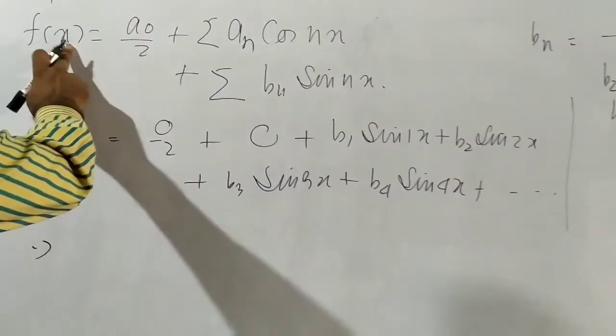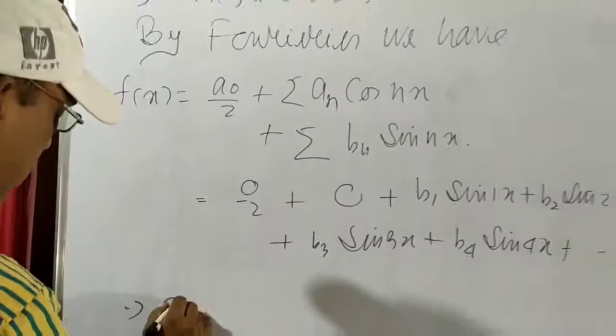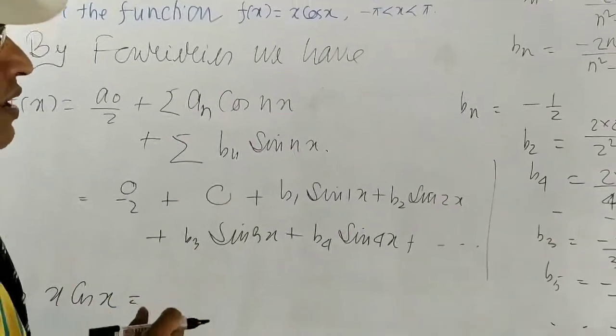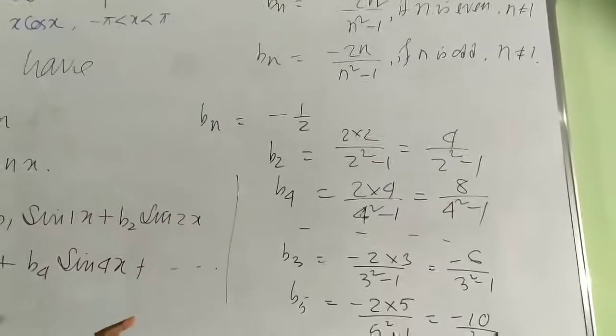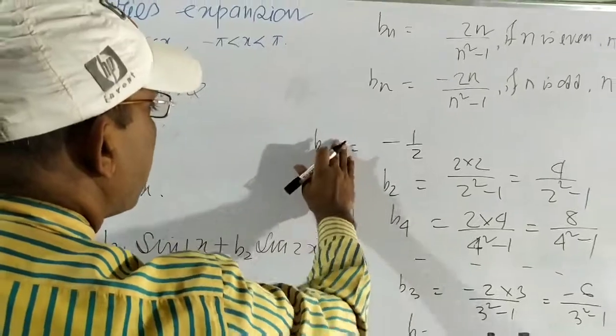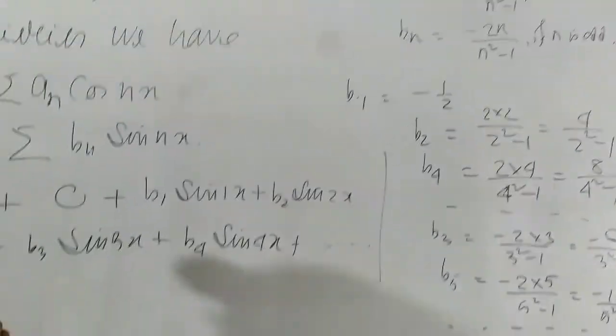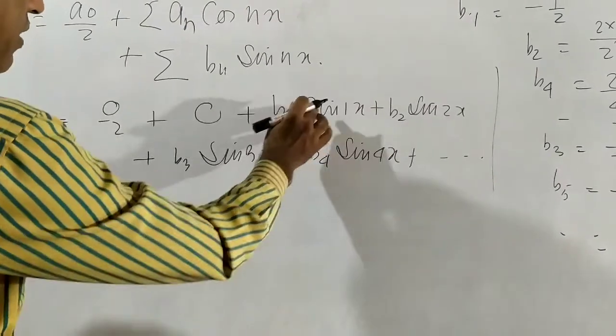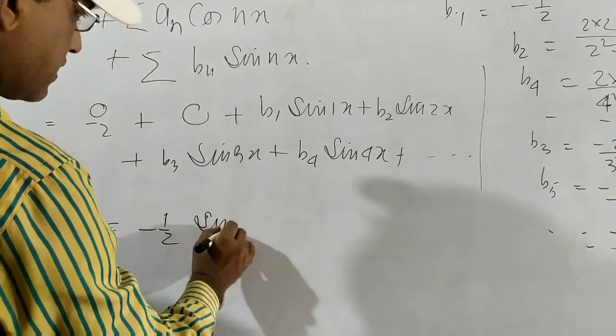And f of x means x cos x. This equals b1, and b1 we know is minus half, times sin x.